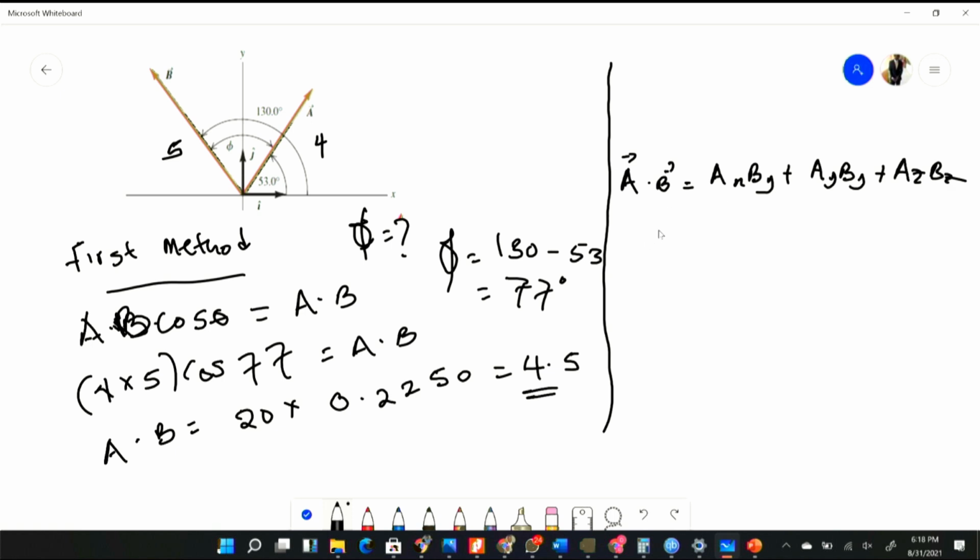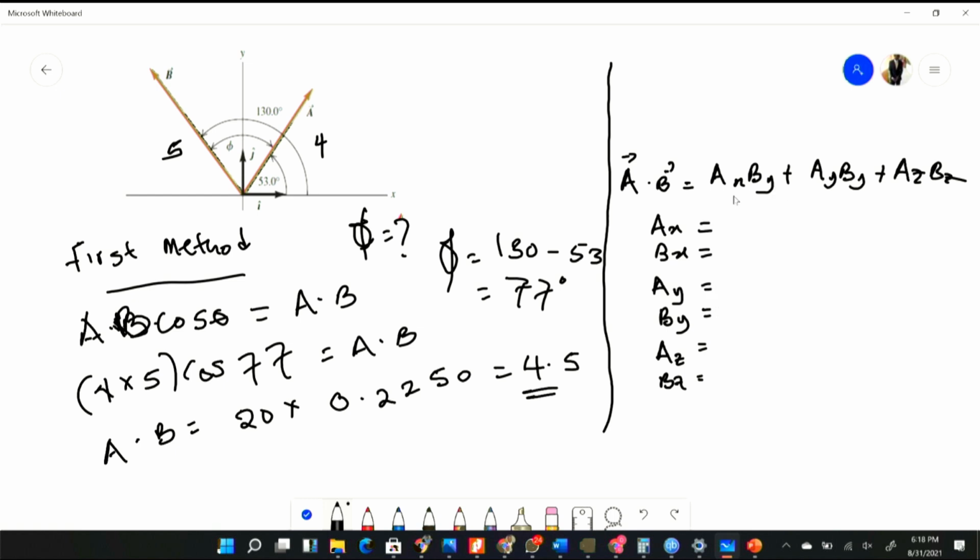So that means if I calculate my AX and my BX, and I calculate my AY and my BY, and at the same time I calculate my AZ and my BZ, I can obtain this and substitute.